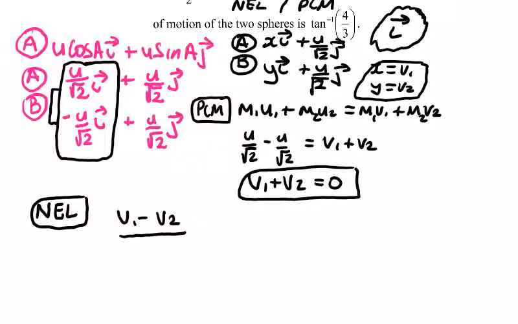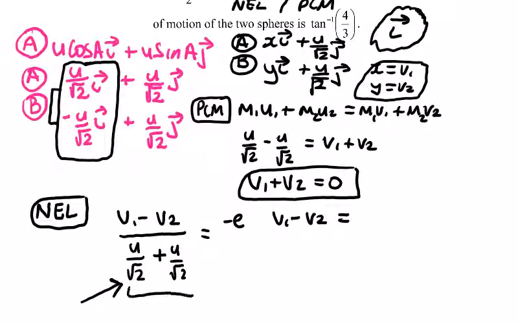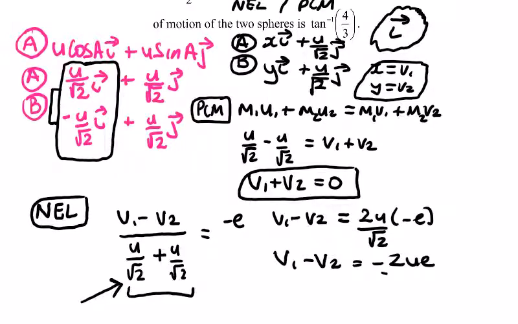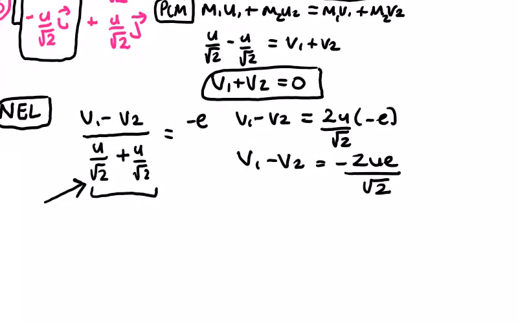They cancel the first time, so we're going to get U over root 2 minus minus U over root 2, which is 2U over root 2, is equal to minus E. So we have V1 minus V2 over 2U over root 2 equal to minus E. Just tidy this up: V1 minus V2 is equal to minus 2UE over root 2. You can multiply by root 2 top and bottom to get rid of the root if you want, but I think they cancel pretty quick.